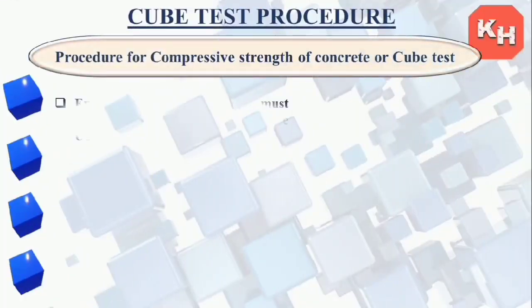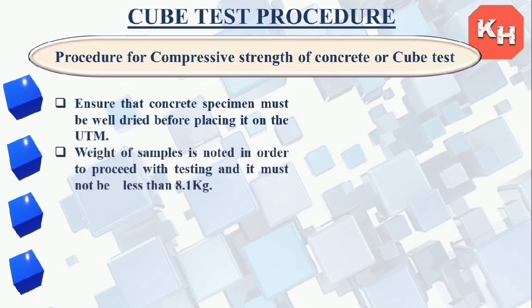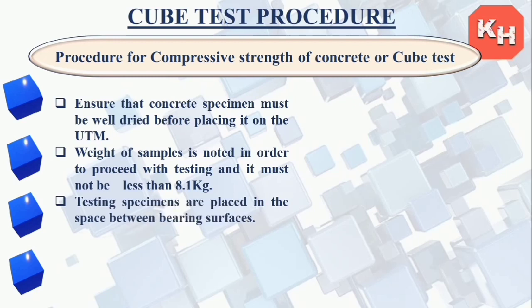Ensure that the concrete specimen is well dried before placing it on the universal testing machine. Weight of samples is noted in order to proceed with testing, and it must not be less than 8.1 kg. Testing specimens are placed in the space between bearing surfaces.